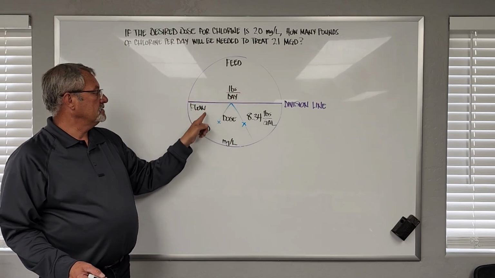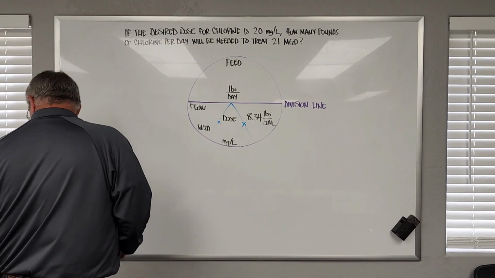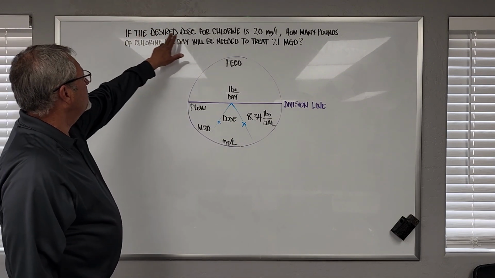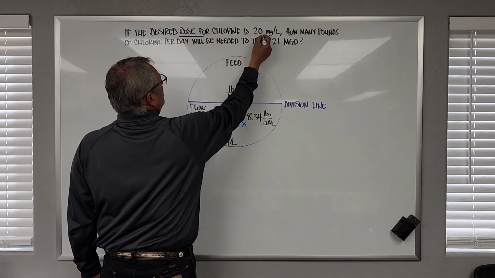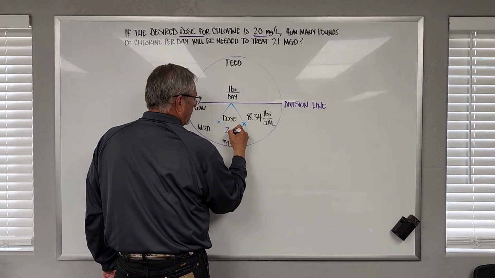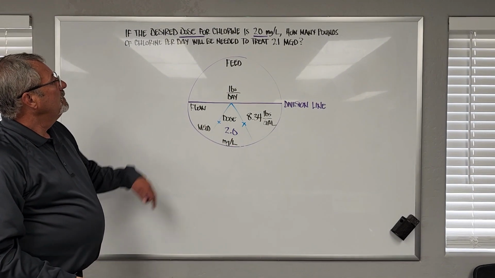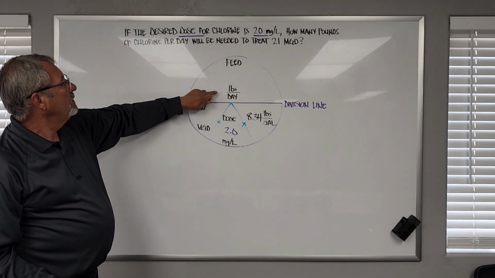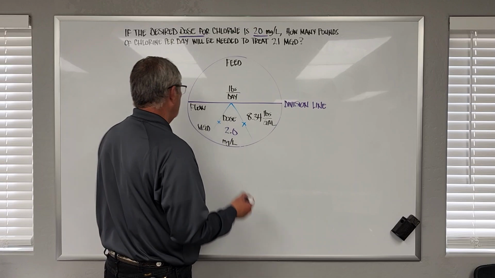But what's going to change is the factor, or what we put in there. So, in this problem, the desired dose is 2 milligrams per liter, and for this example, we're just going to write it 2.0. How many pounds of chlorine per day will be needed to treat 2.1 MGD?